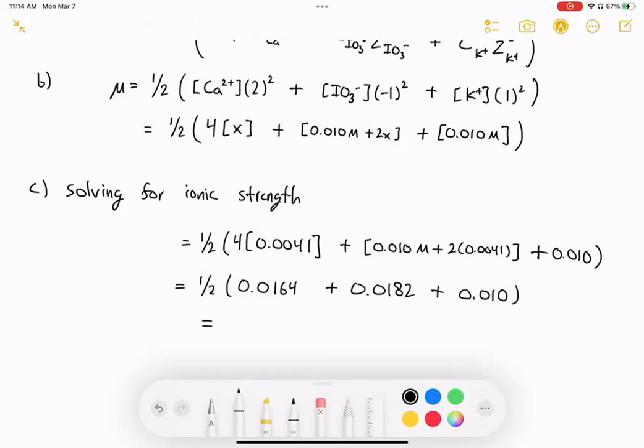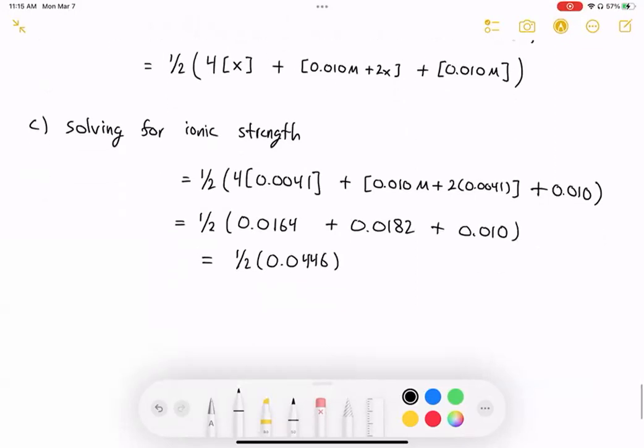We multiply that all out, we get 0.010 plus 0.0182 plus 0.0164. That gives us 1/2 times 0.0446.